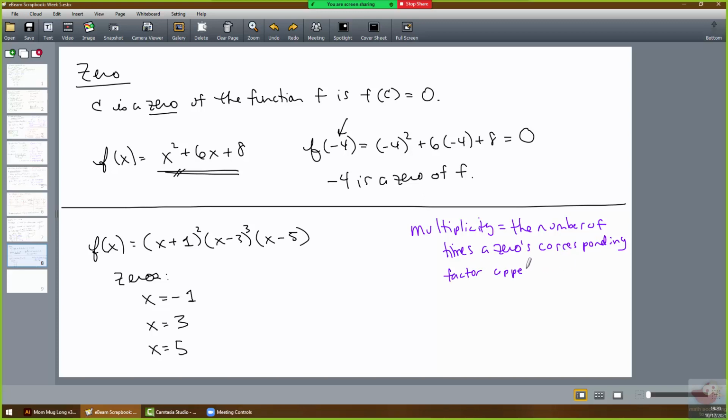Multiplicity is the number of times a zero's corresponding factor appears in the factored form of the polynomial. It seems like a very heavy definition. It's not too bad.